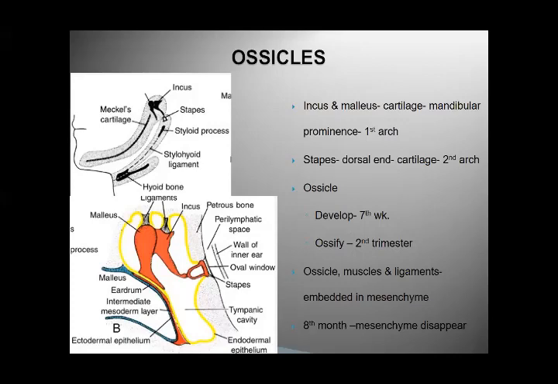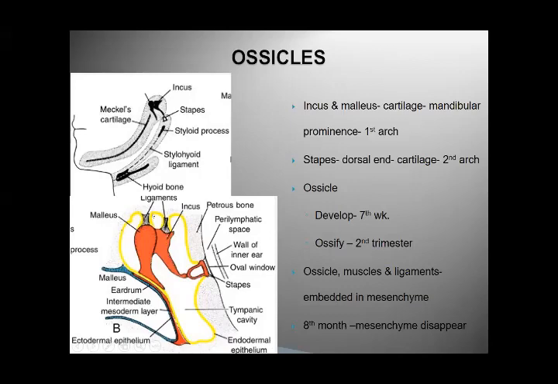Now you also know that these ossicles develop in the 7th week, and they ossify in the 2nd trimester of pregnancy. These ossicles are actually embedded in the surrounding mesenchyme. These ossicles develop from mesenchyme, from the first and the second pharyngeal arch.